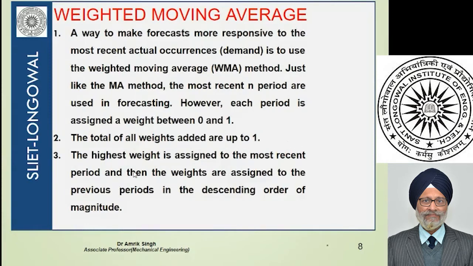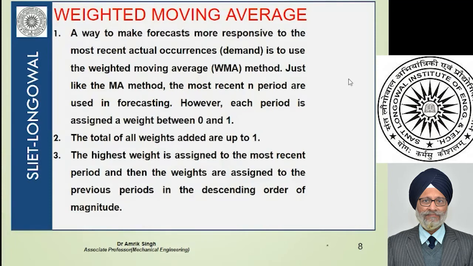The highest value is assigned to the most recent period, and then the weights are assigned to the previous periods in decreasing order of magnitude. So you got the point. Suppose we want to calculate the forecast for the month of June, based on the last 3 months.